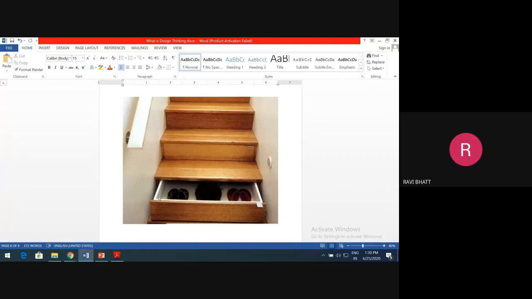It is used so more storage can be expandable. Yeah, storage can be expandable. Here are stairs in which they have made some drawers and they are putting their things, which is very good use of these stairs, right? It is good use.